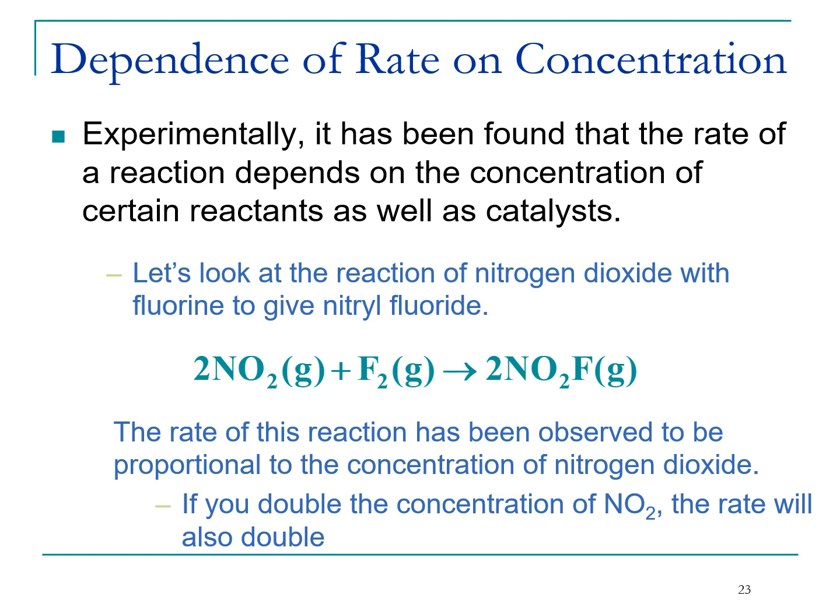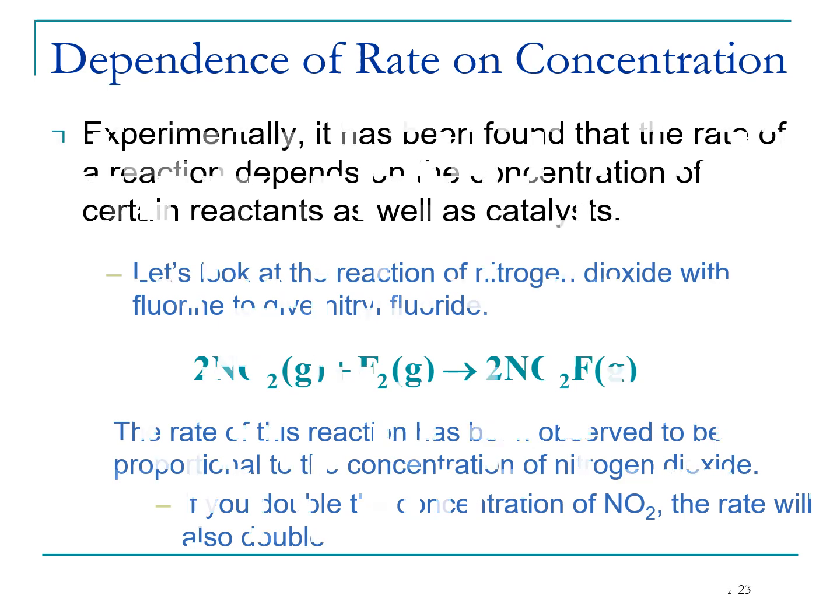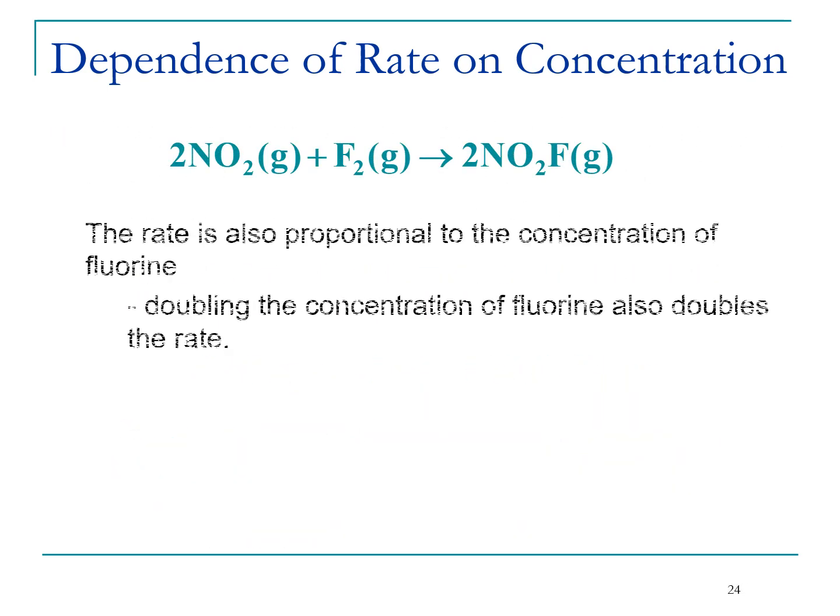So if you increase the concentration by a factor of 2, everything will go twice as fast. It turns out you can also vary, and we'll look at this more closely in a minute, the concentration of F2. And it turns out that if you double the concentration of F2, the rate also doubles again.